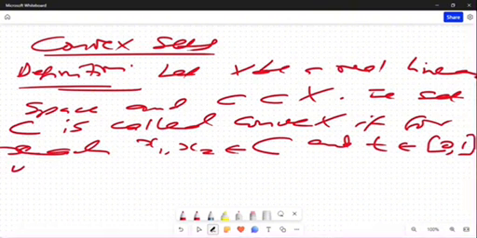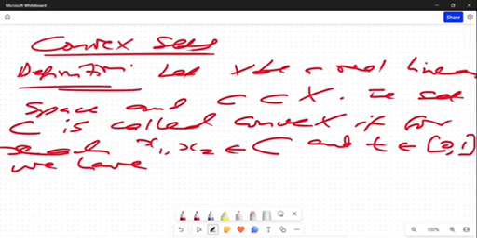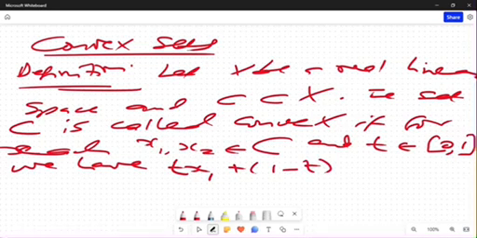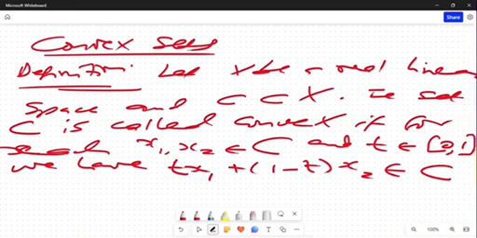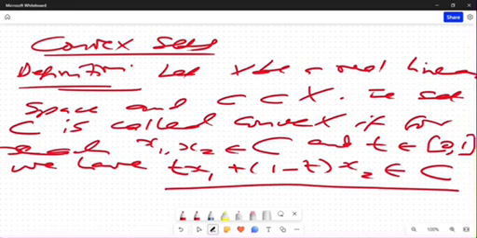Okay, we have that t x1 plus (1 minus t) x2 will also be in C. Okay, that's convexity. If you have 2 points from a set, x1 and x2, and then t is an element from 0, 1, 0 and 1 included. Okay, you have that t x1 plus 1 minus t. Of course, 1 minus t is less than 1.